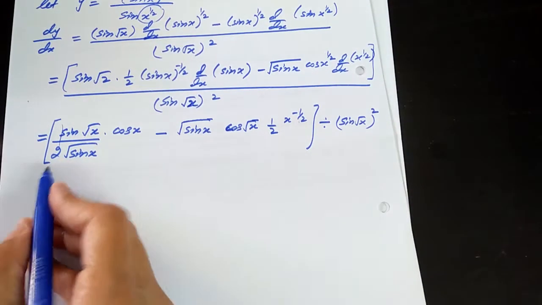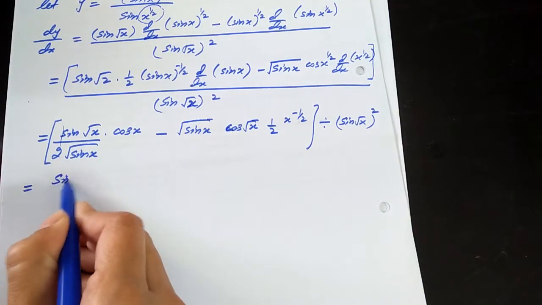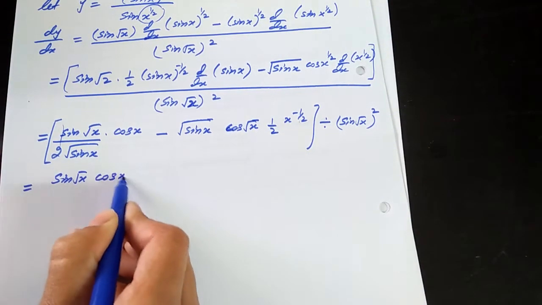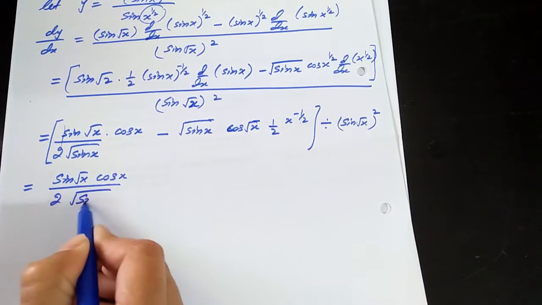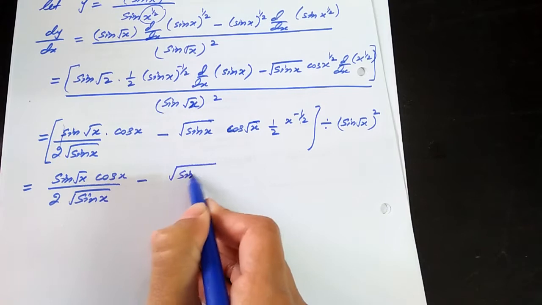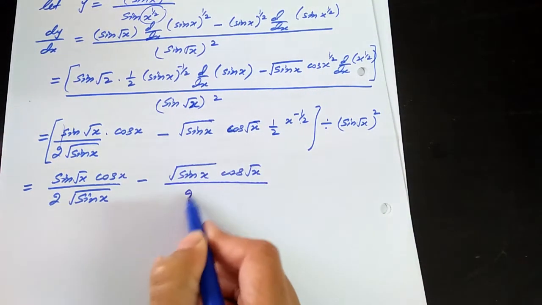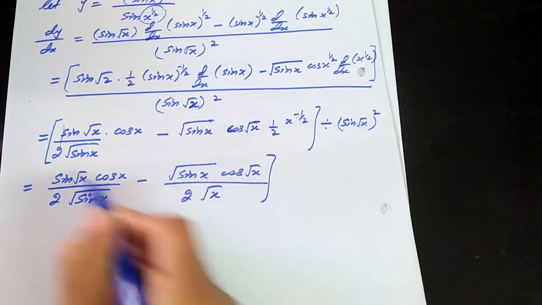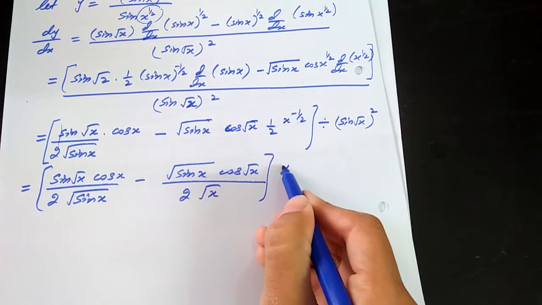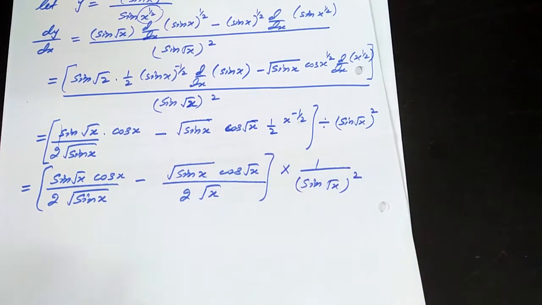Now we need to simplify it. We will get here sin√x cos x divided by 2 whole √(sin x), minus this thing can be written as whole sin√x cos of √x, and this thing can be written as 2√x, and this thing can be written as multiplied by 1 over sin√x whole square.